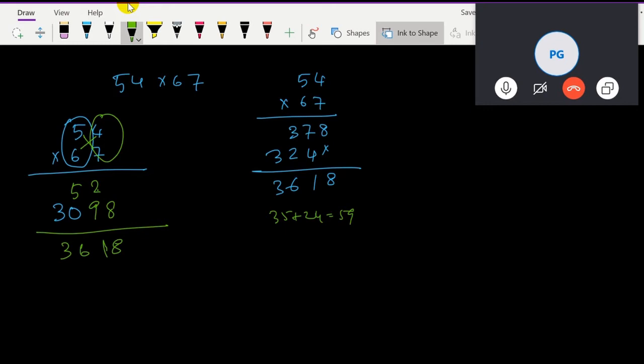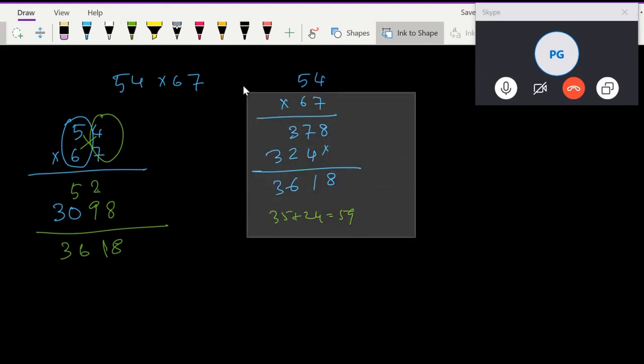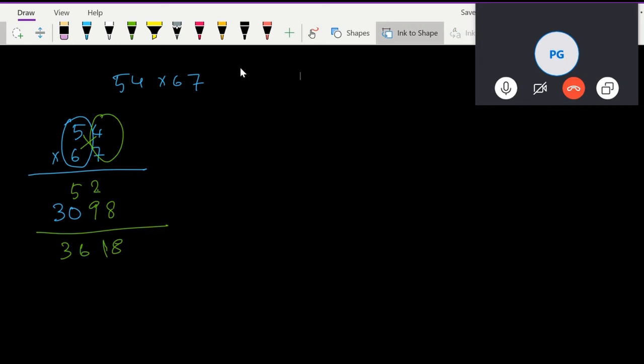Let's try it with a slightly larger number. So let's say we have 186 multiplied by 238. How will we do?